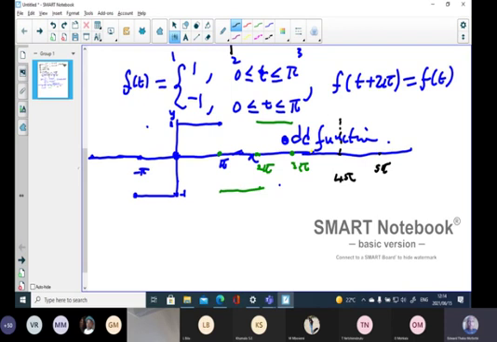We can even make an imaginary axis. I'm trying to make it clear. So from here to here, it will be this one. And then on top there, it will be that one. So now we have 3 cycles.